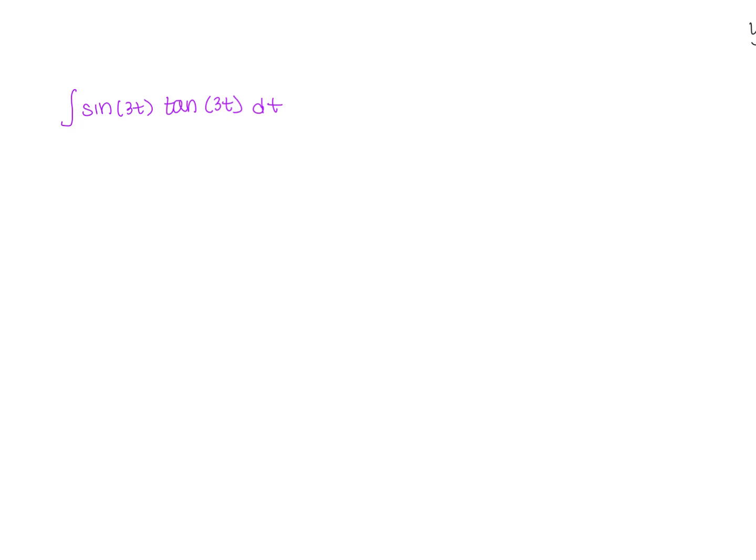Okay, if we did an integration by parts, I would probably let u be the tangent of 3t because I know the derivative of u and I know the antiderivative of sine of 3t. The antiderivative of tangent's a bit messier, maybe. So I'm going to redo this one. So we've got du. The derivative of this would be 3 times the secant squared of 3t dt. The antiderivative of sine would be negative, let's see, with that chain, negative 1/3 cosine of 3t.